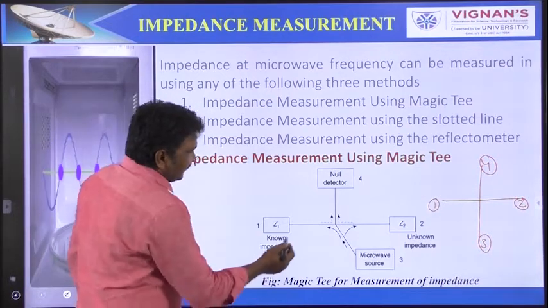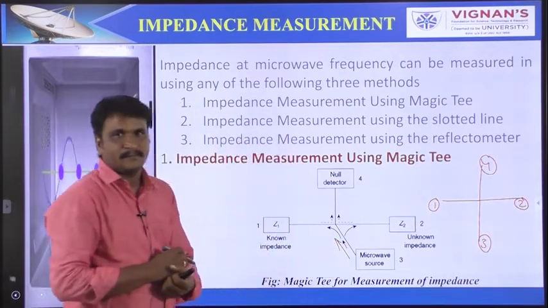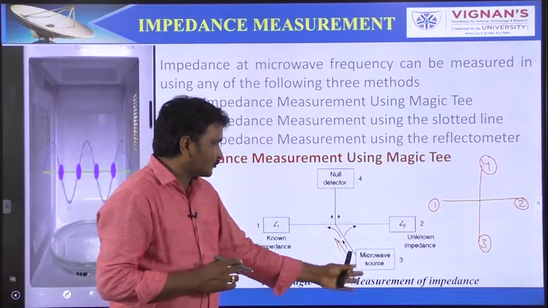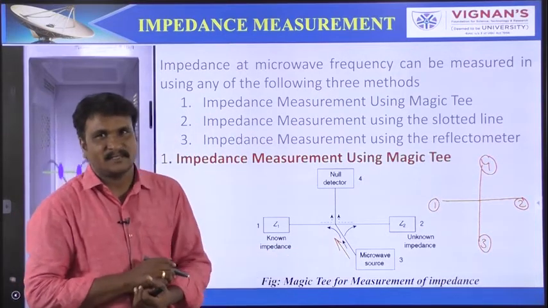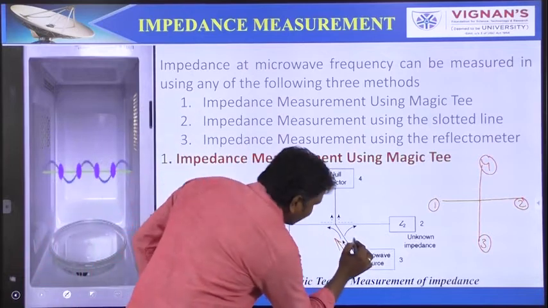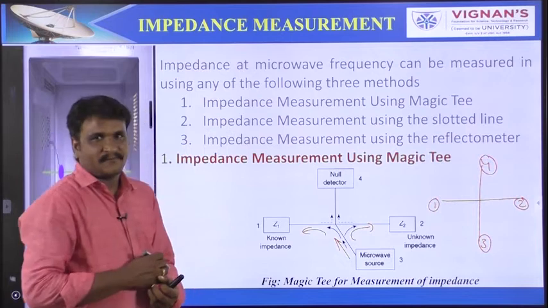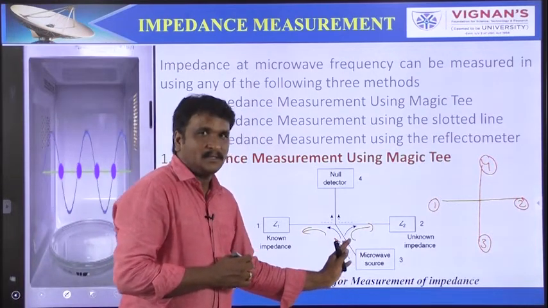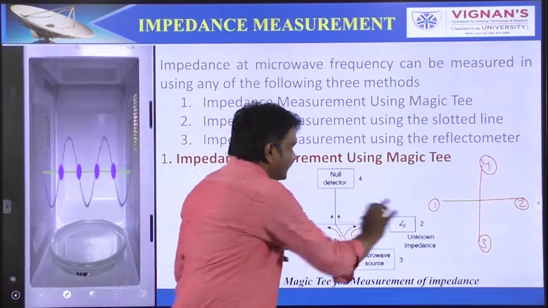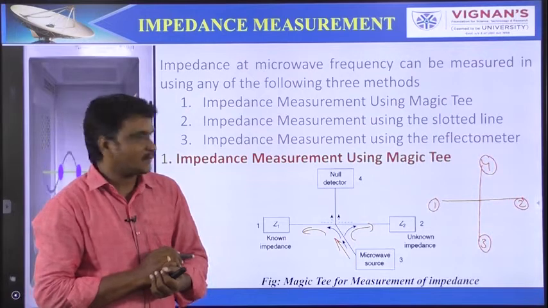If we apply some microwave source at the third port, what happens? What is the property of that? It is equally distributed between port 1 and port 2, right?